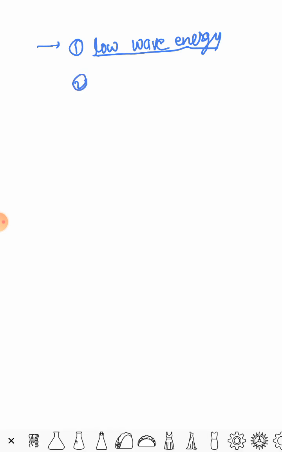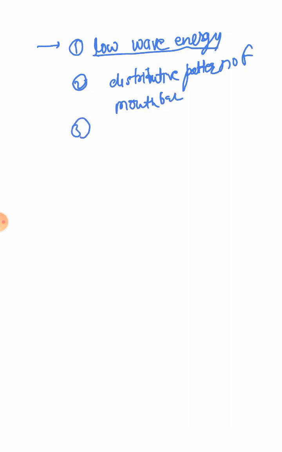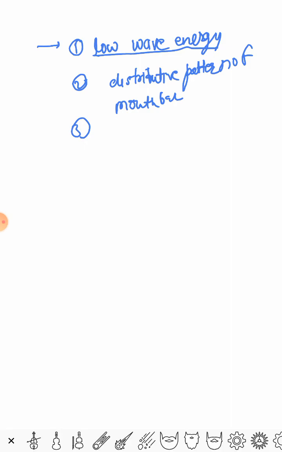First is low wave energy. The wave energy is very low here, and the second is the distributary pattern of the mouth bar. And third is decreasing grain size with depth.